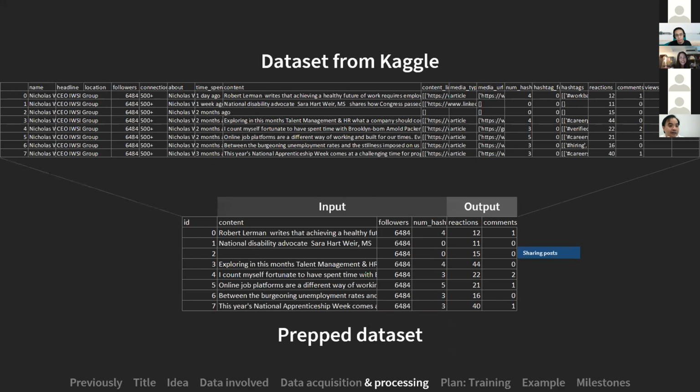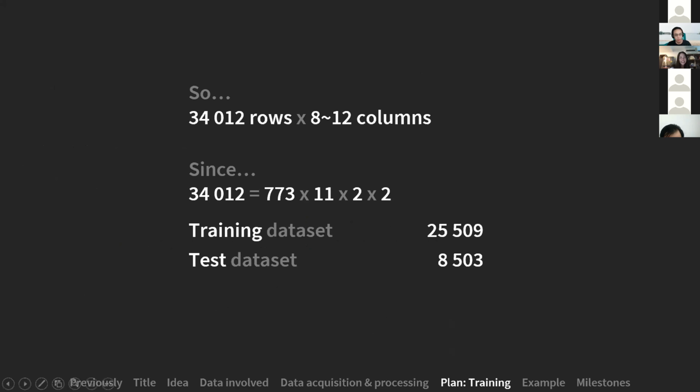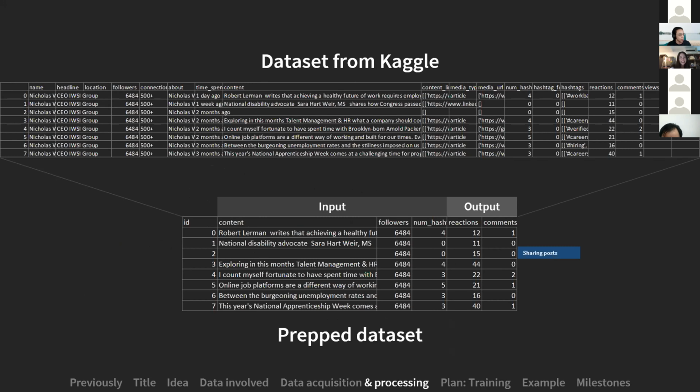It will look something like the top one. Wait, so it's one sentence? Oh no, it's the whole post. Each row is the whole post.